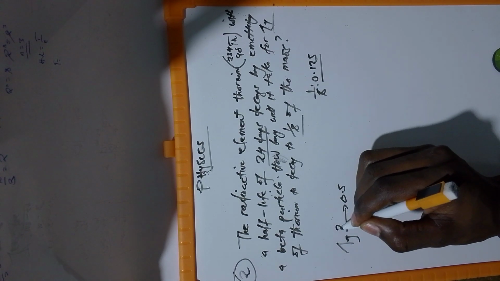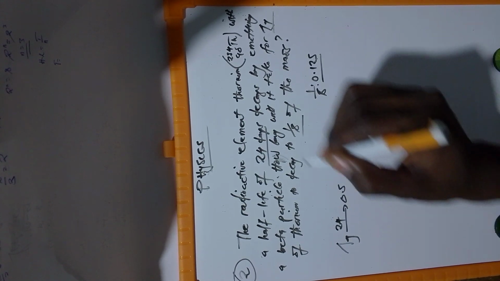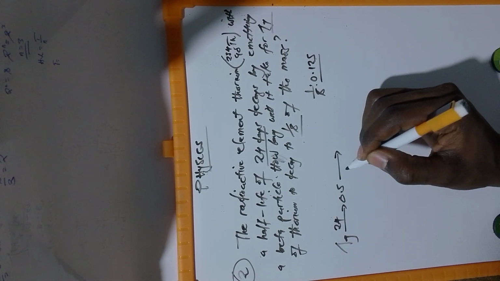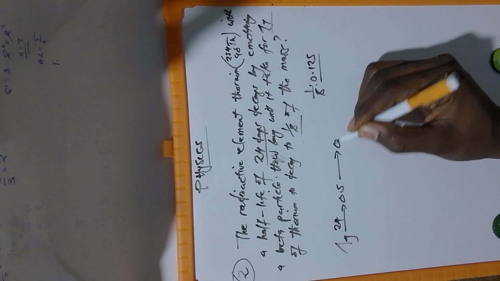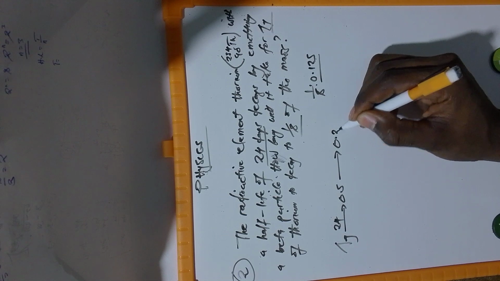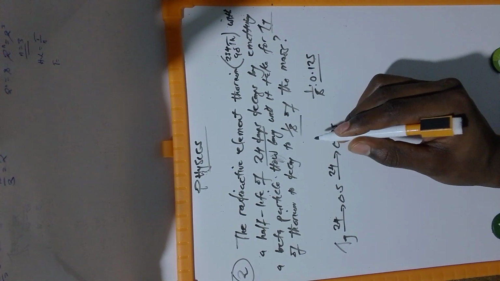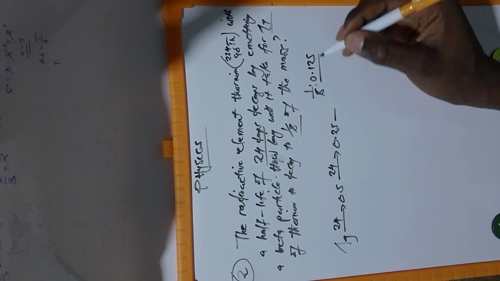Then here we're going to put 24, since this 24 days is the half-life given in the question. Then again, the half of 0.5 will give us 0.25. Then you put 24 days as the half-life given in the question. Then until we reach this number, then we're going to stop.